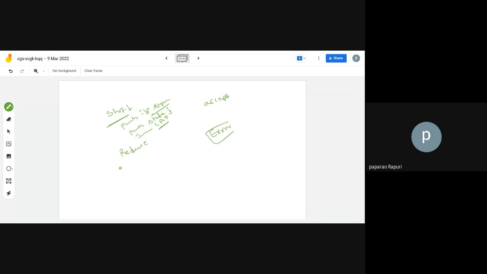In the reduce, what we need to do? Pop 2 into B. 2 into number of B's. Sir, why you have given B? Here, the right hand side has symbols. How many are there? To find out, one notation is given.